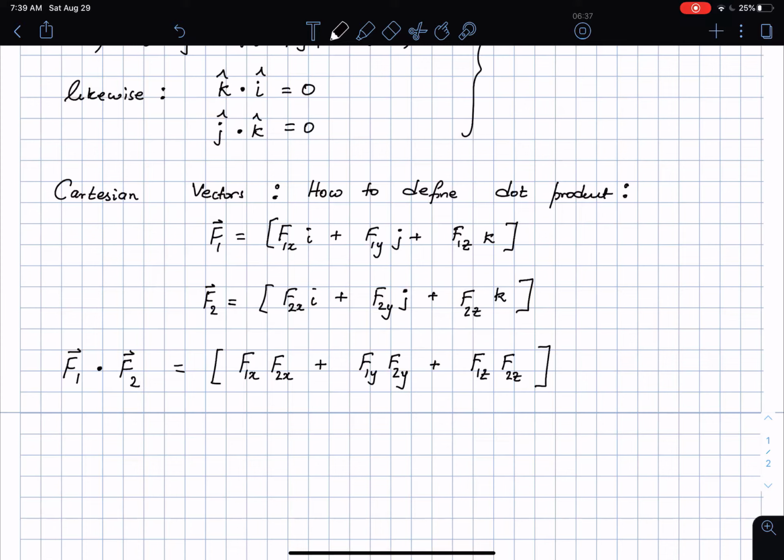This is something that you want to keep in mind. This is the Cartesian dot product.